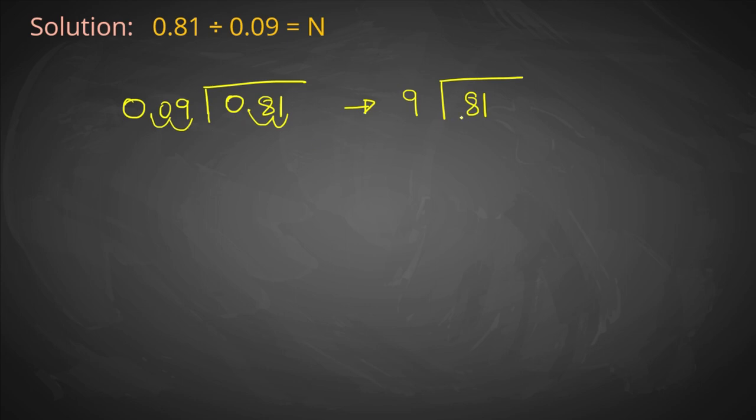So, ngayon naman, 81 divided by 9. 81 divided by 9 is 9. 9 times 9 is 81. Subtract 0. So, yung answer sa 81 hundredths divided by 9 hundredths, ang sagot doon ay 9.